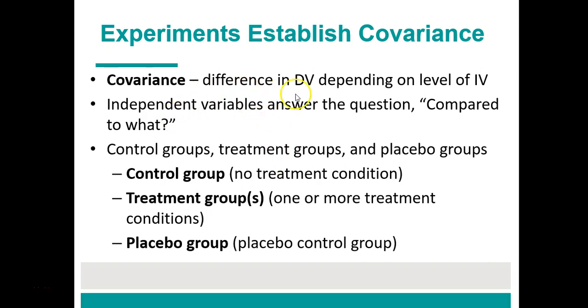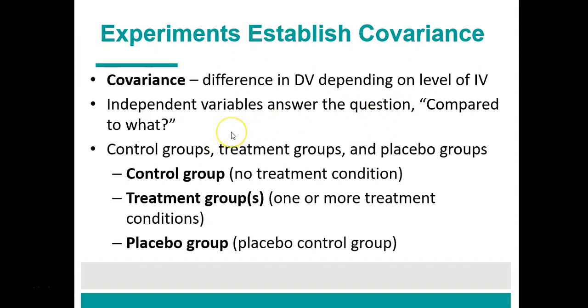Covariance is just the idea that you have a different level of the dependent variable depending on the level of the independent variable. So I say, oh, I see covariance. I see that when children watch Cops, they have higher levels of aggression than those who watch Barney. Independent variables answer the question compared to what?